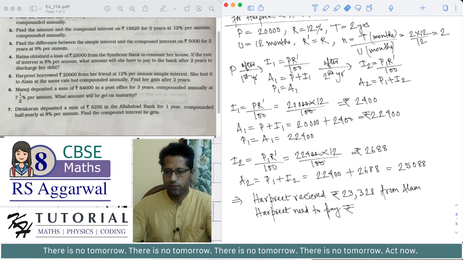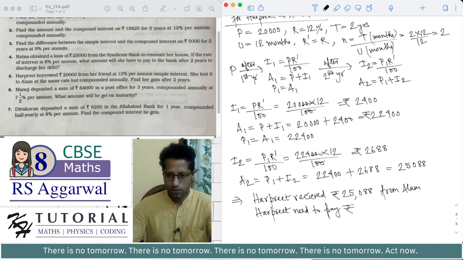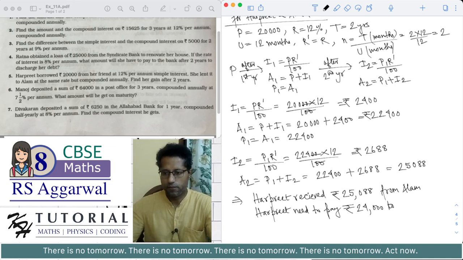So Harpreet received 25,088 from Alam, and Harpreet needs to pay rupees 24,000 to her friend.